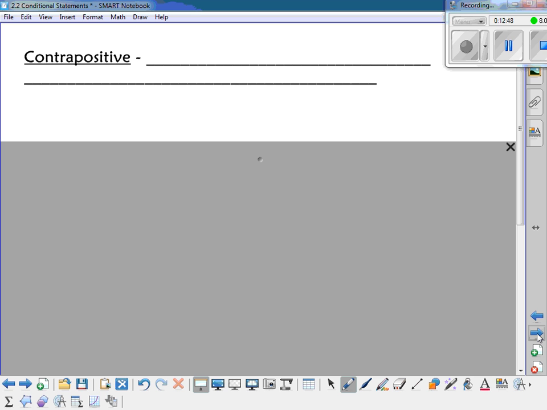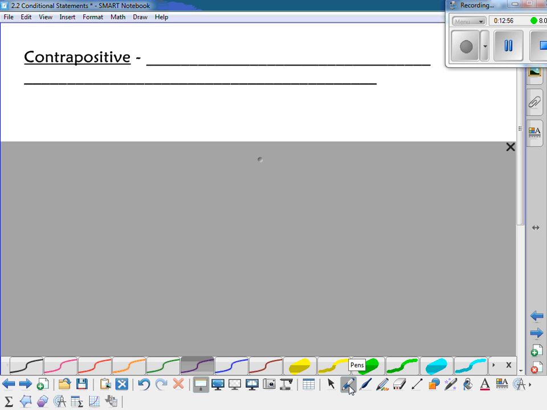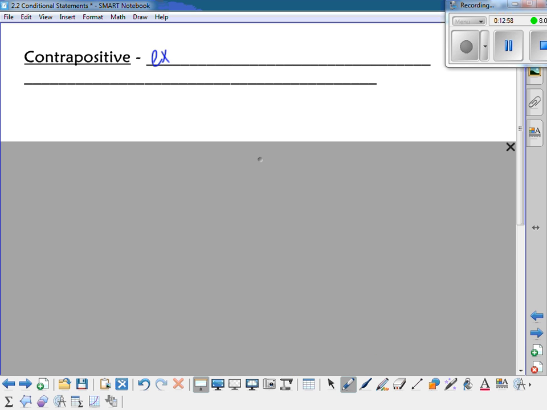Okay, the last one we're going to learn about is contrapositive. With the contrapositive, we change everything. We are going to exchange and negate the hypothesis and the conclusion.